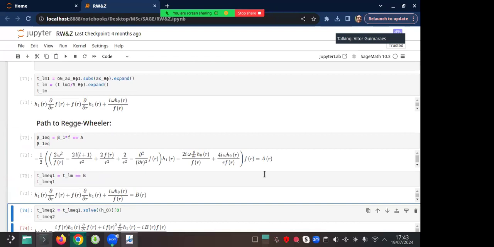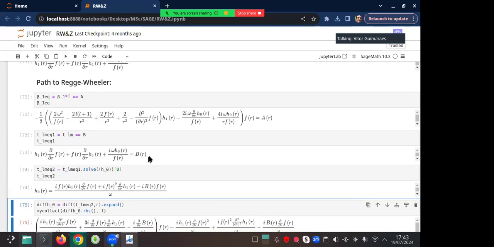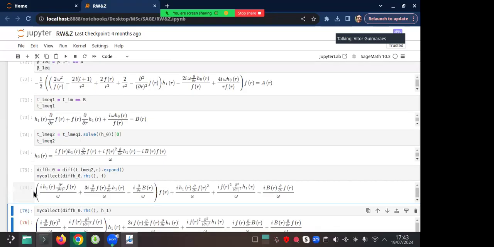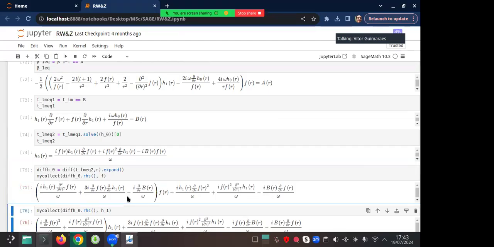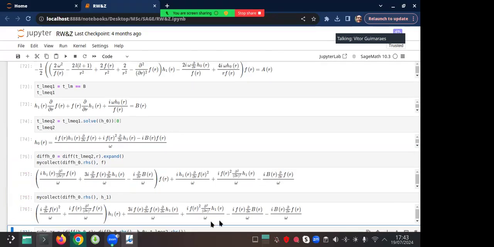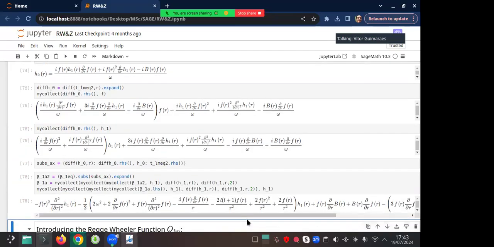And then we do T equal to B. And then we isolate H0, take its first derivative with respect to R, which is basically going on here, and which is going on here. And then I substitute the expression for H0, H0 prime, and H0 into the first equation.